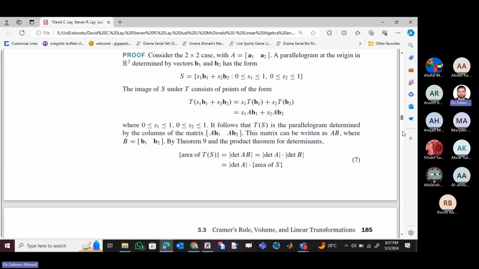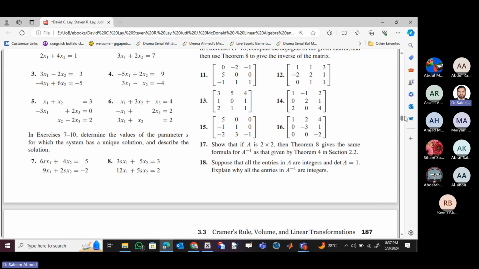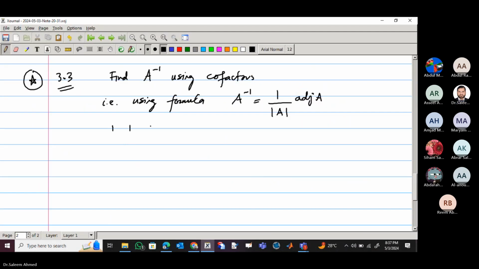So for example, if I go to exercises, let's say I can pick 14. The matrix is 1 1 3, -2 2 1. A inverse exists if and only if determinant of A is not equal to 0. If determinant of A is 0, then inverse does not exist.